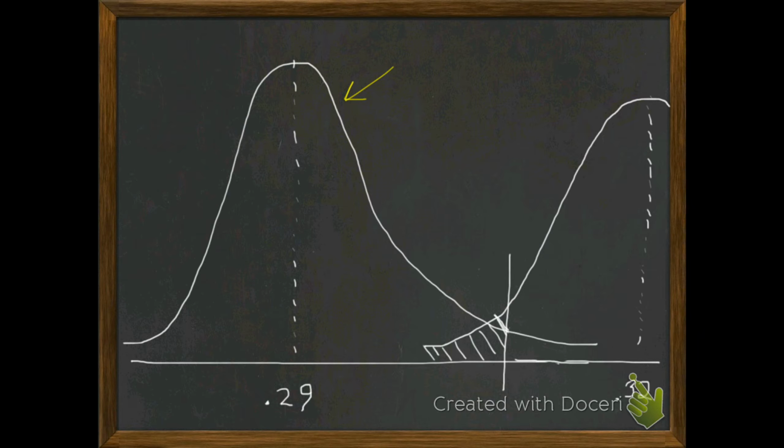And the calculation has to be to the right of this line because the definition of a type 2 error is we have failed to reject, which would happen over here of our original distribution. So guys, it turns out that the value for beta is going to be from there to there.